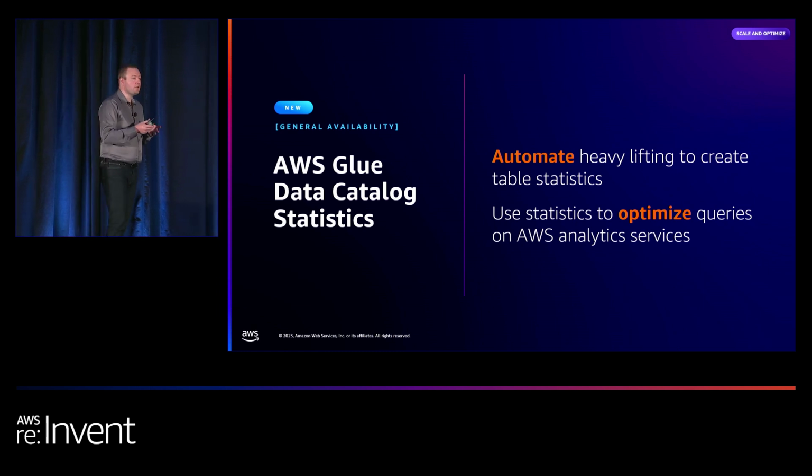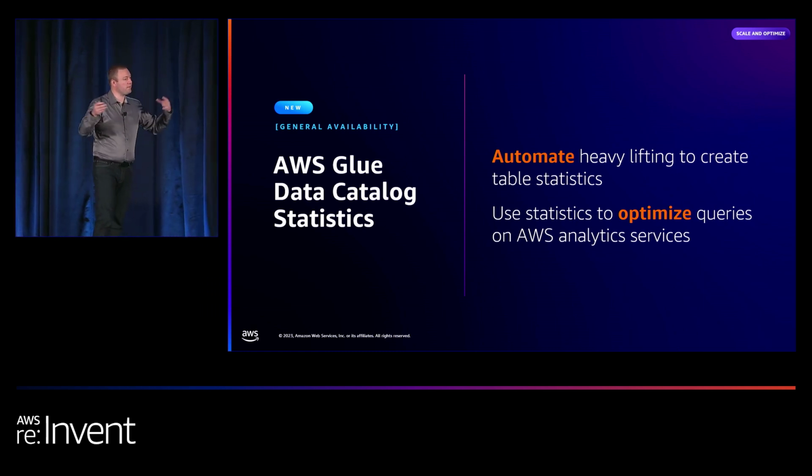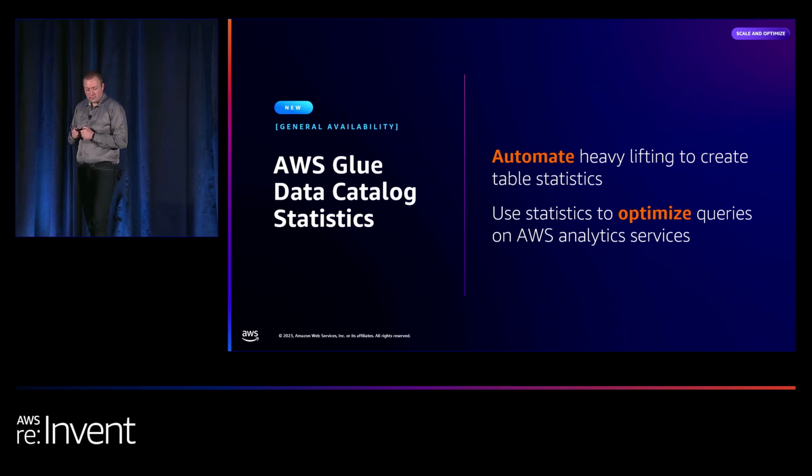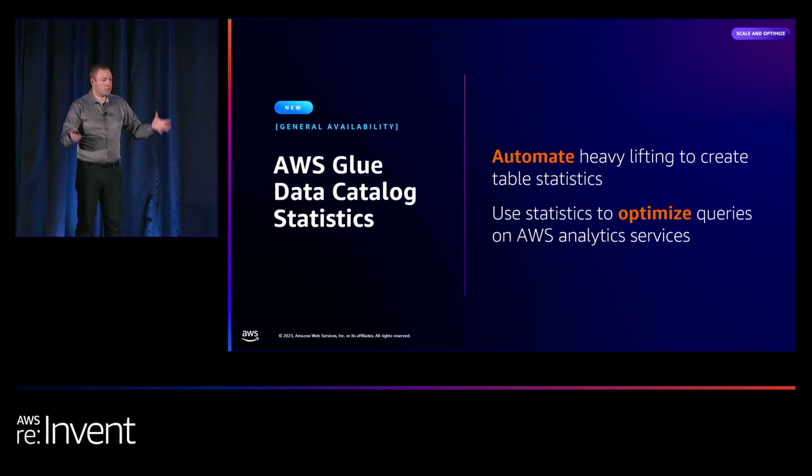Especially useful when your table has multiple joins and is a very complex SQL query. So that CBO, that cost-based optimizer, automatically calculates, based on the statistics it has, what the best plan is to go execute. And that's why we're happy to share that Glue Data Catalog Statistics is GA and integrated with engines like Redshift and Athena.